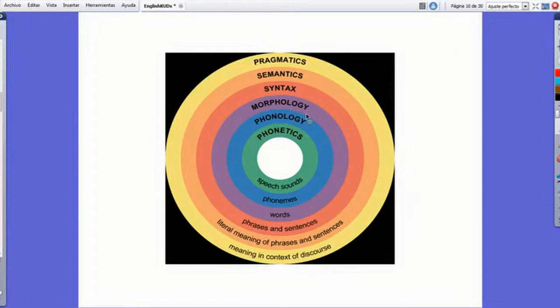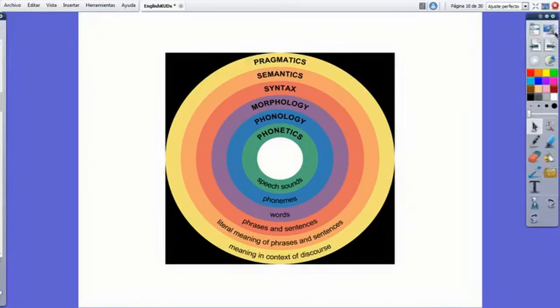Then comes morphology, and the study of how those sounds, especially phonemes, combine into words. Syntax, how those words combine into phrases and sentences. Semantics, the literal meaning of those phrases and sentences. And finally, pragmatics, meaning in context.